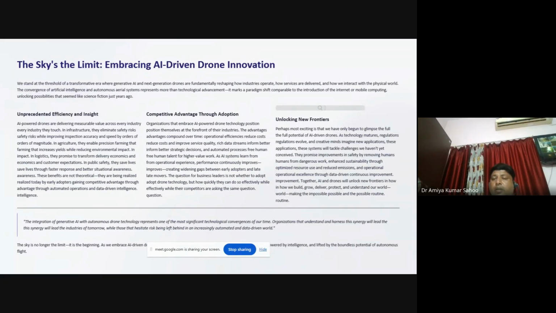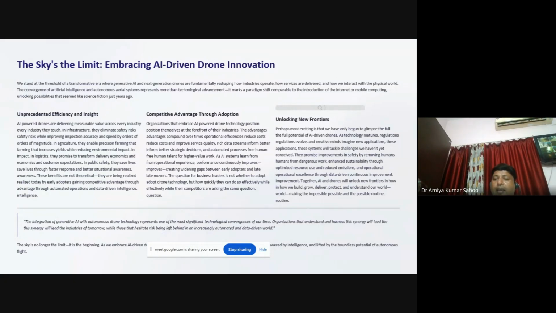They promise improved safety by removing humans from dangerous work, enhanced sustainability through optimized resource use and reduced emissions, and operational excellence through data-driven continuous improvement.